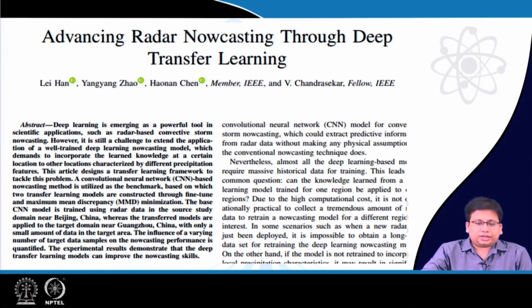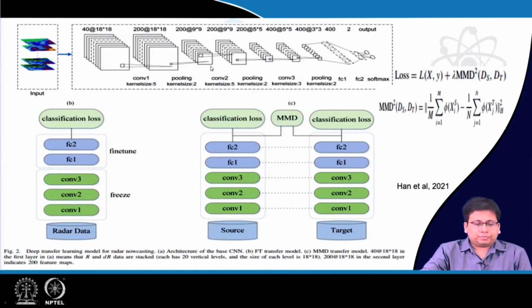Here there is a radar-based nowcasting algorithm trained on radar imagery from one region, namely Beijing in China, and they want to map it to a different region. For that they once again use the same idea of domain adaptation.